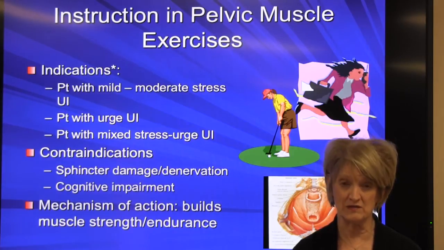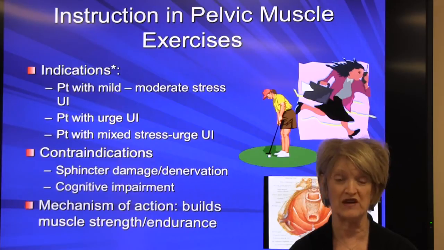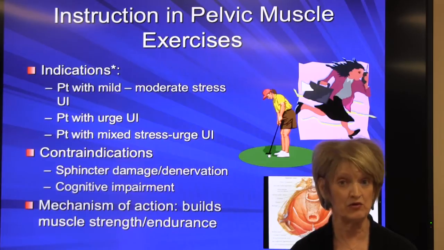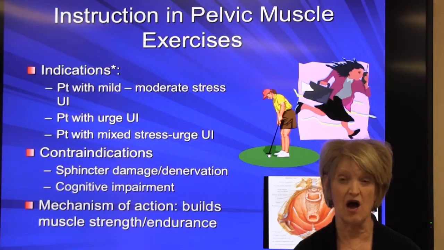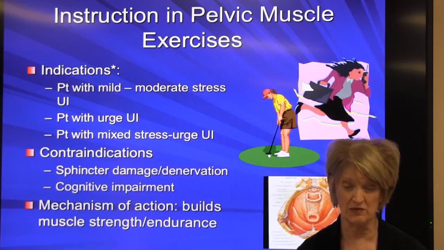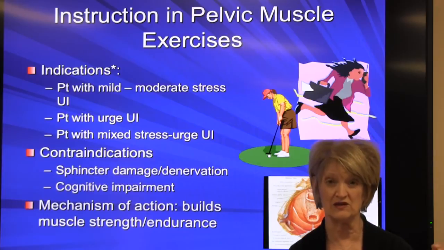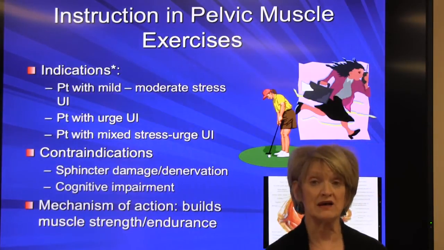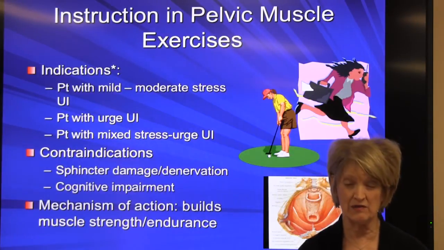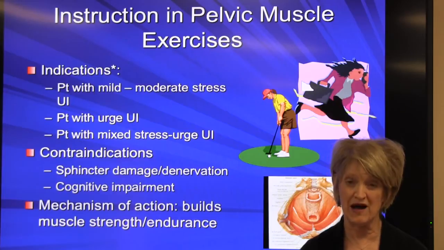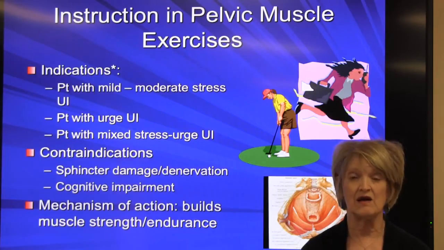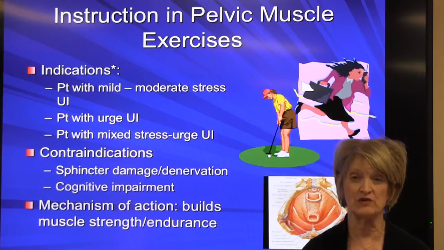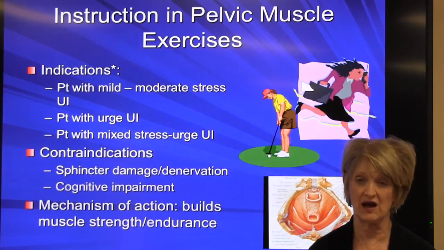If we strengthen the muscles, if we improve endurance as well as contractility, then we improve that individual's ability to offset increased bladder pressure with increased urethral pressure. That's our goal. So pelvic muscle exercise is an important element of management for patients with mild to moderate stress incontinence, for patients with urge incontinence, and for patients with mixed stress and urge incontinence.